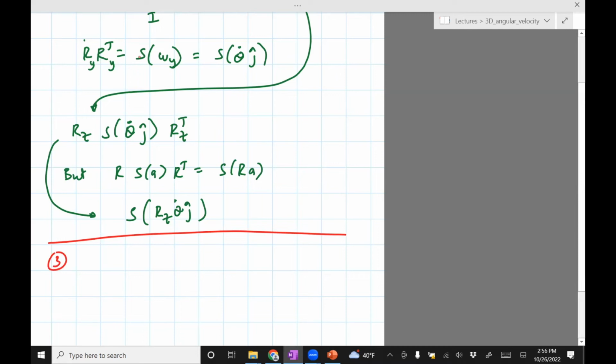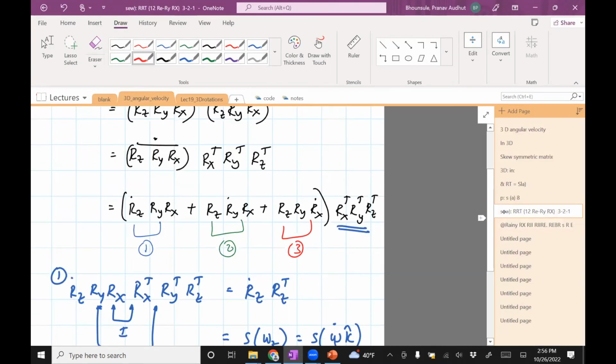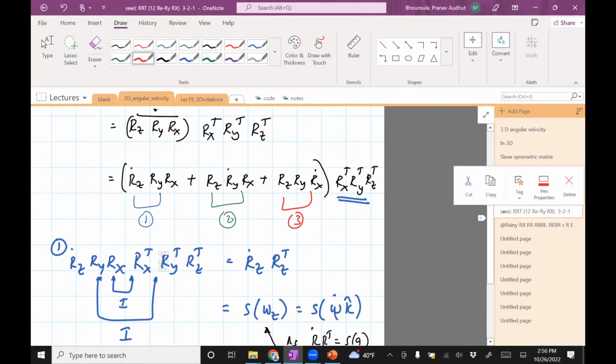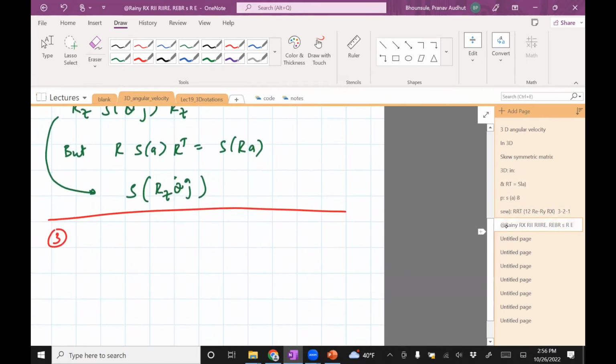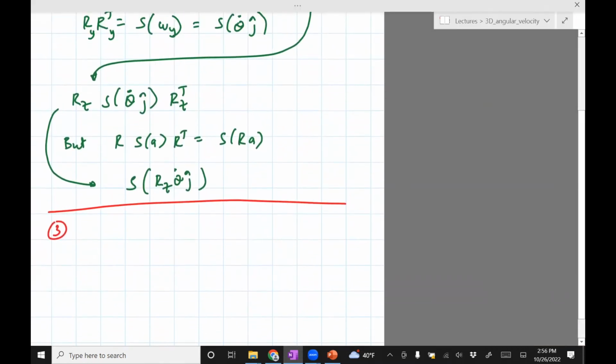The third one was RZ RY RX dot, and then there were things outside the bracket, which were RX transpose, RY transpose, RZ transpose.